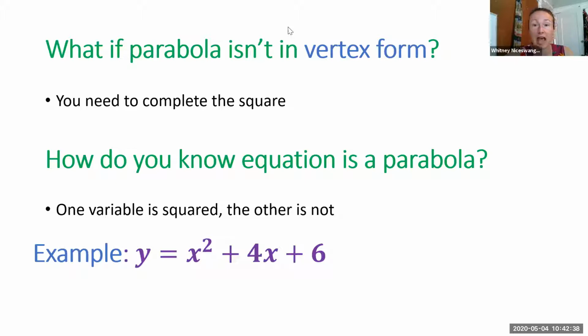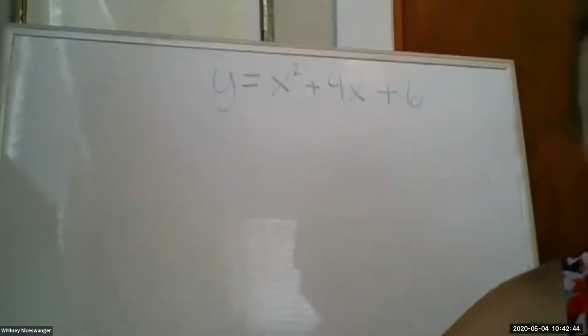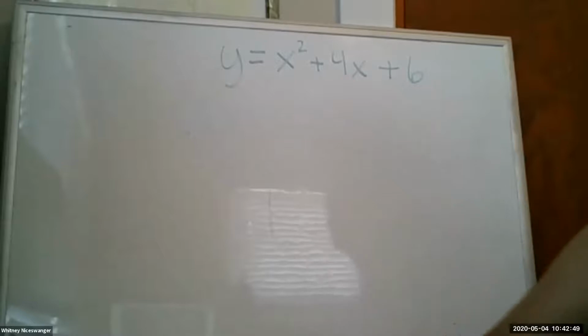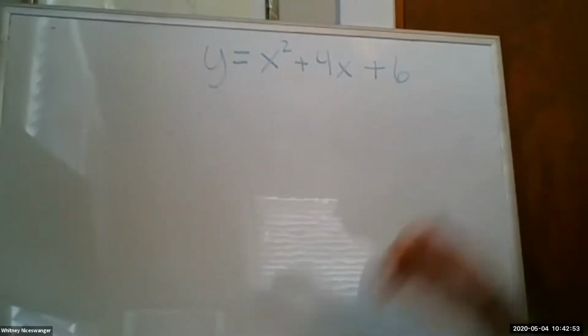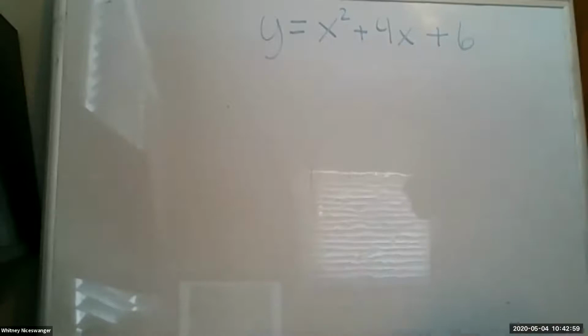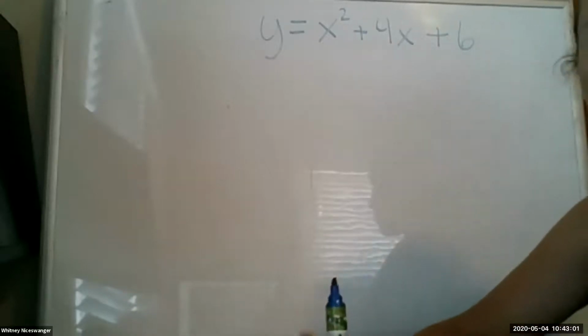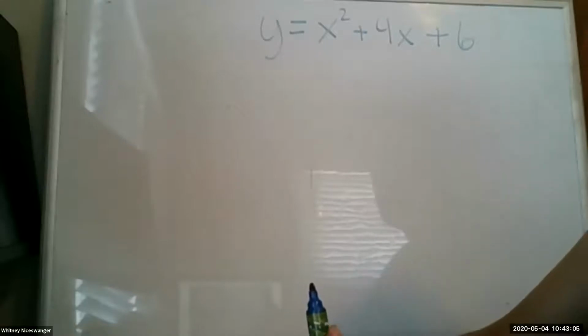Okay. I'm going to write this one out on the whiteboard. So here we've got y equals x squared plus 4x plus 6.